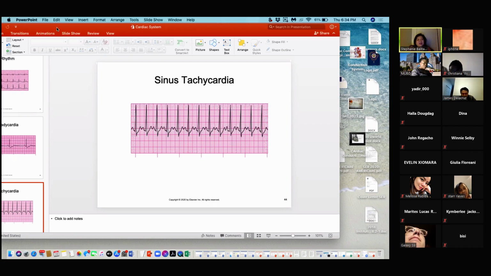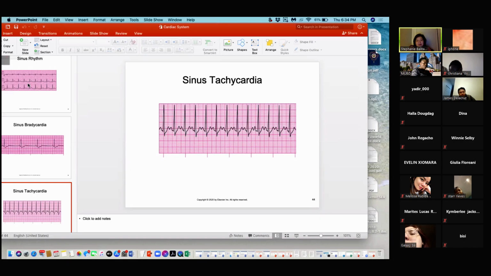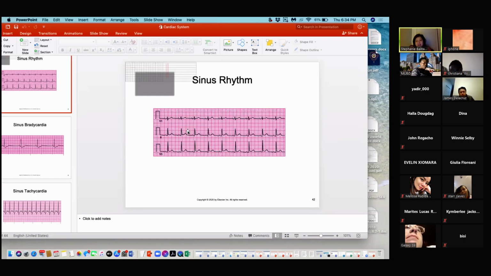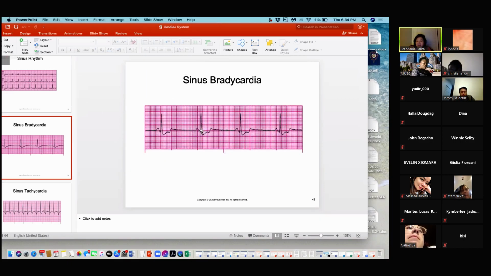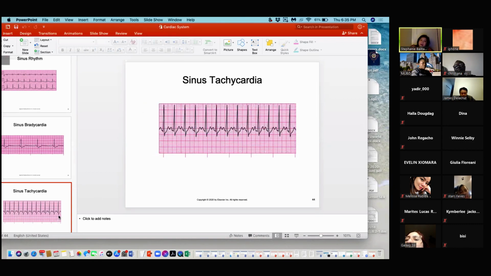They could give you strips and ask, between this and this, when would you give atropine? Atropine is indicated for bradycardia, a very slow heart rate. So between this strip or this strip? The first one, right?